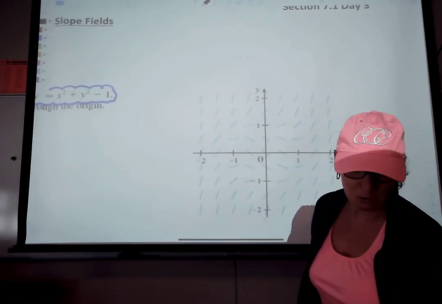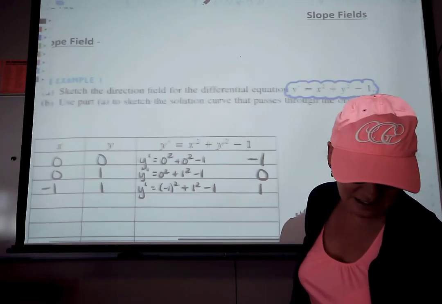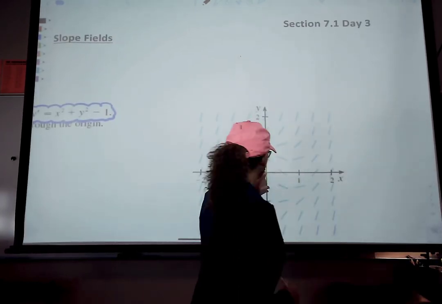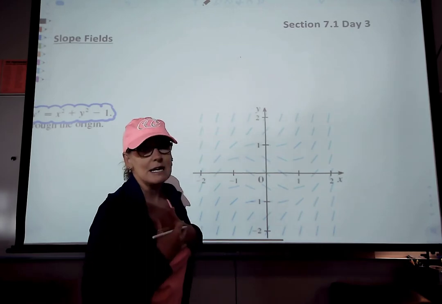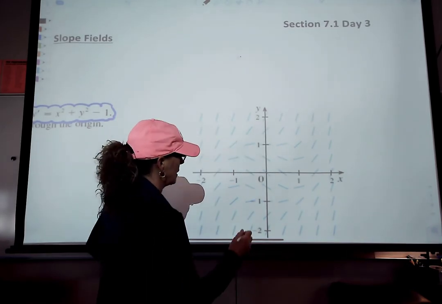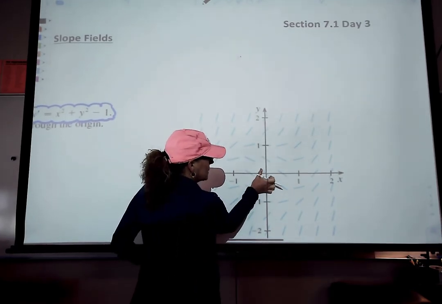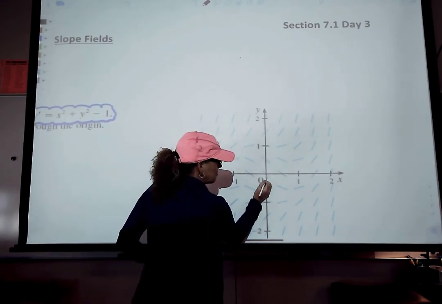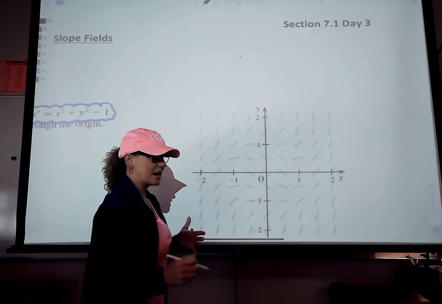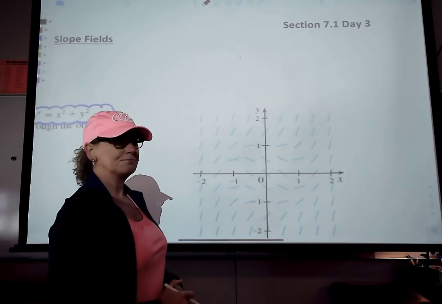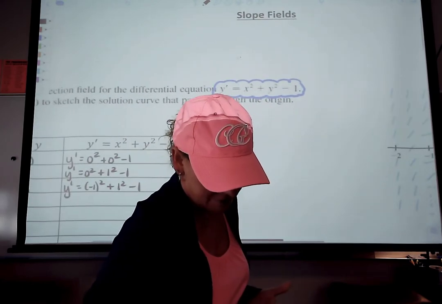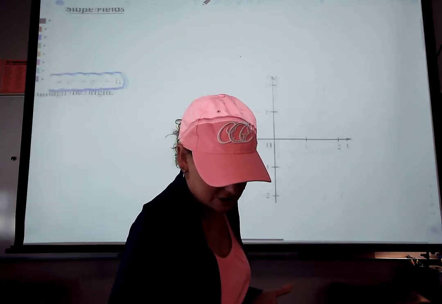Let's say that at 0, 0, we're going to graph a slope of negative 1. If it were up to me to make all these little marks on my paper, I would just put a small piece of a tangent line that appears to have a slope of negative 1 at the point 0, 0. And what else did I find? I found at the point 0, 1, the slope was 0.